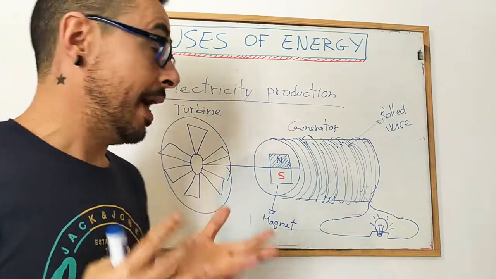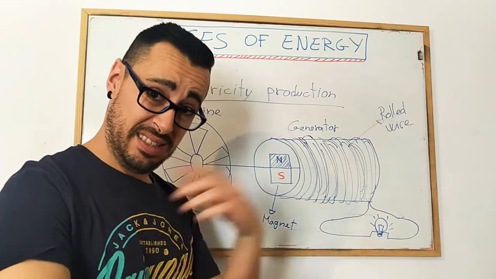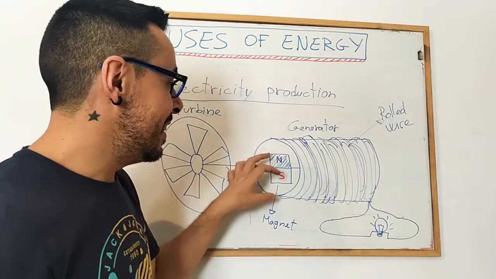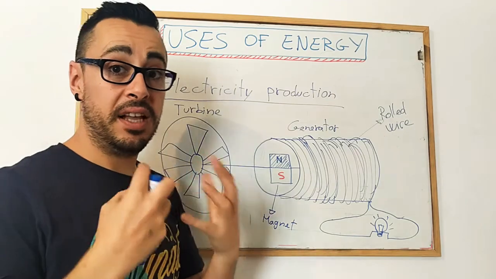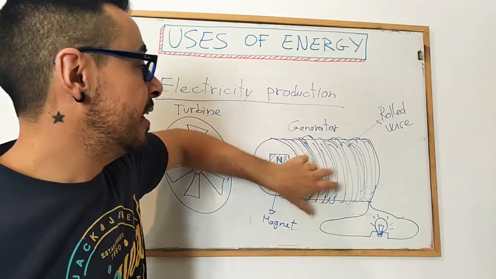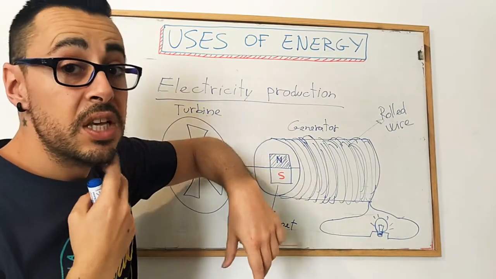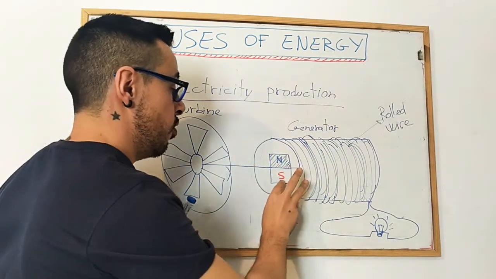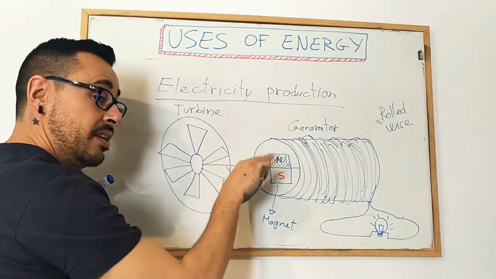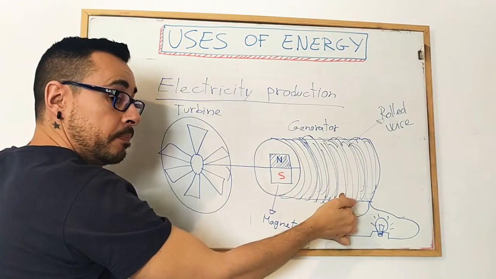So, what happens is that when the magnet spins very fast, the magnetic field is going to induce an electrical field in the wire. So it transforms the mechanical energy of spinning into electricity.